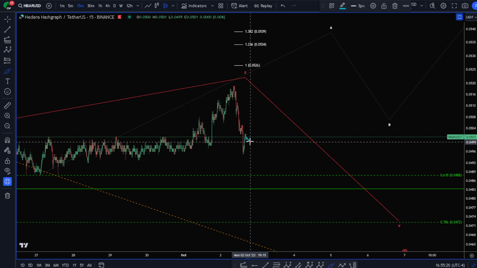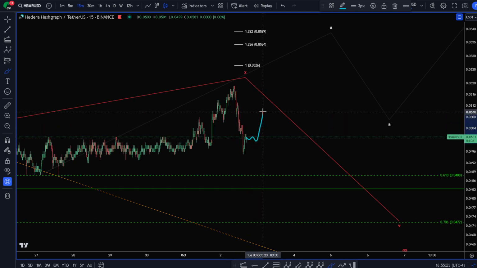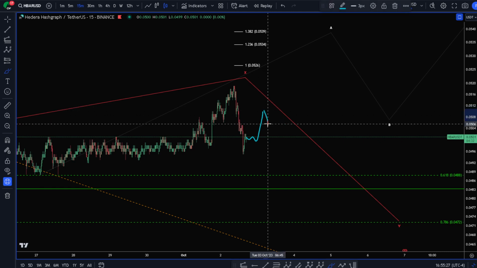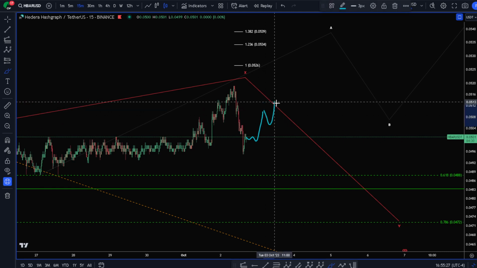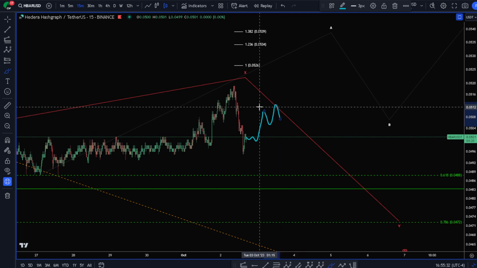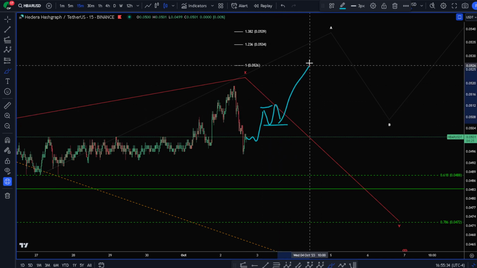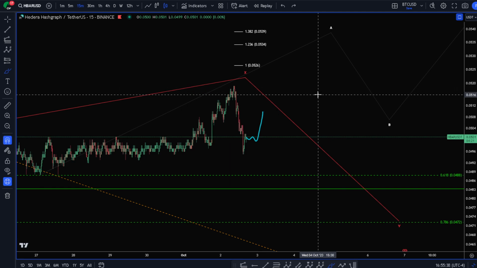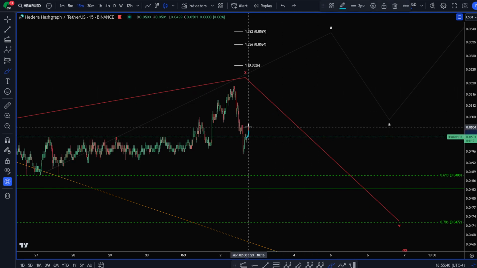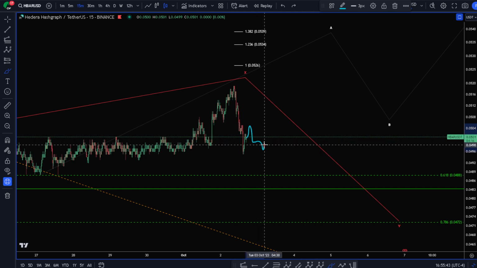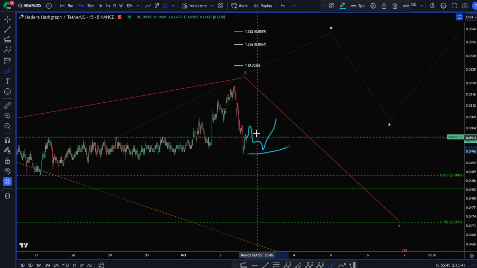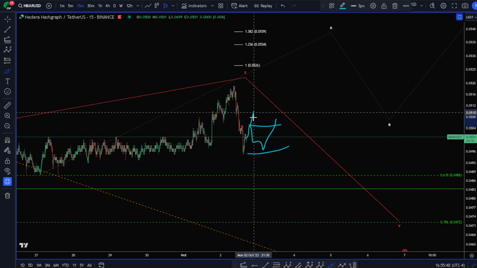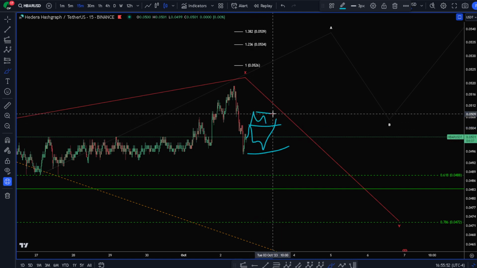What I want to see specifically is a move up like so, break this previous resistance, and then make either a running flat or a sideways consolidation, because then I can put in more assumption that we're getting higher upside. Because if this is just an ABC, I'd expect something like this, pretty low correction, come up and consolidate this way. There's a big difference between this and consolidating sideways, right?